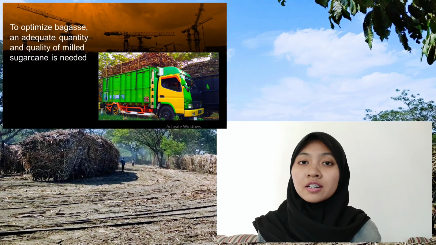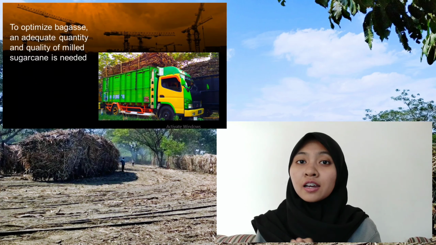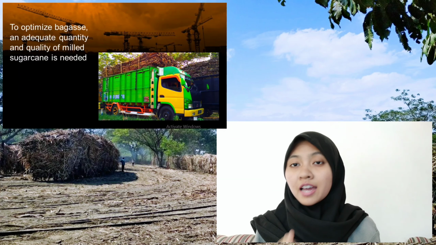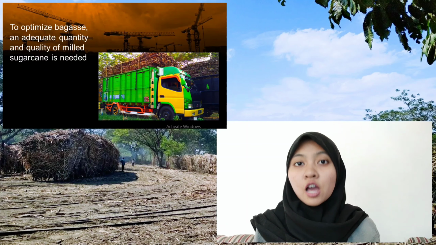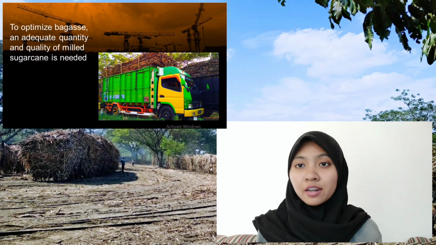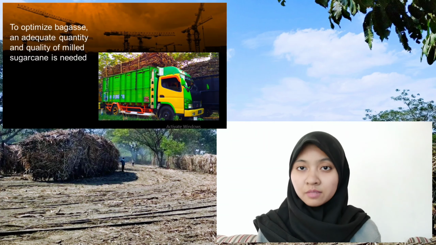High rendement sugarcane tends to have low coir content. Besides, the coir content is also influenced by the age of the sugarcane. Young sugarcane usually has a low coir content, while ripe sugarcane has a higher coir content.